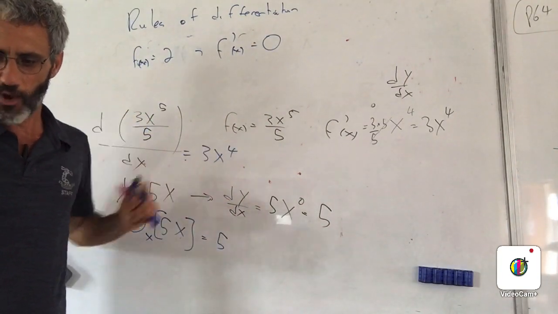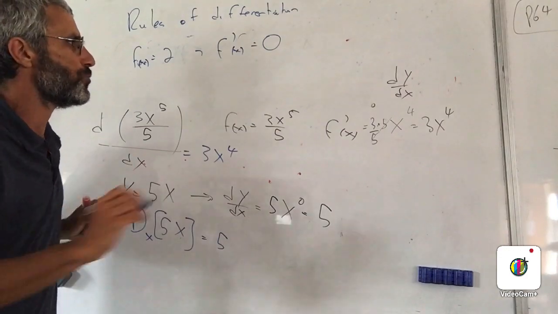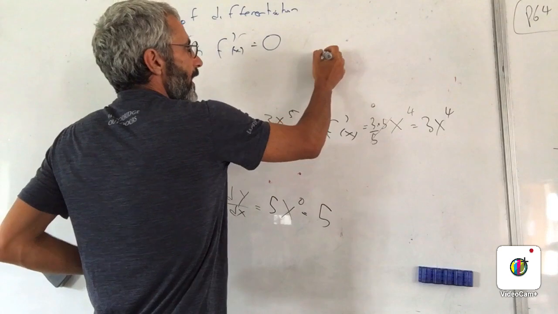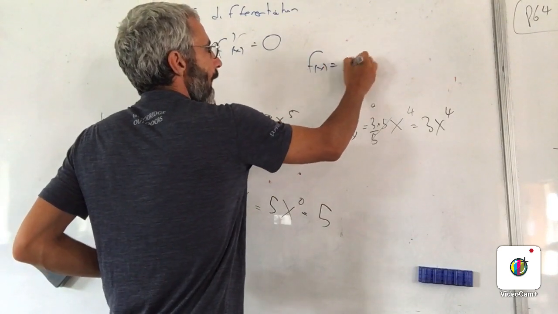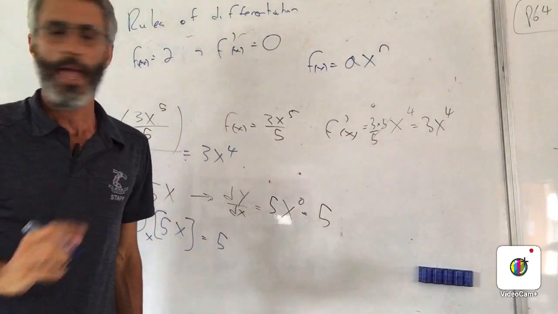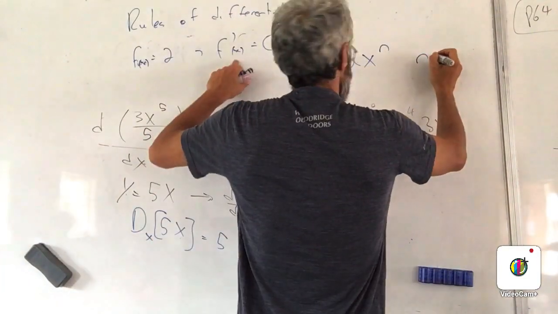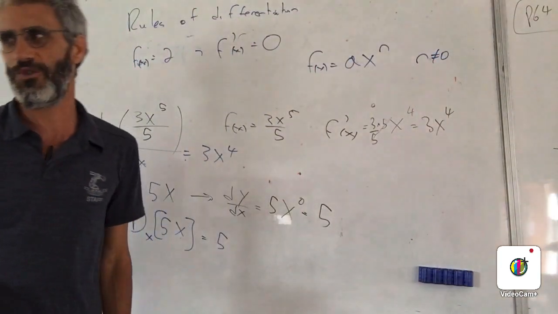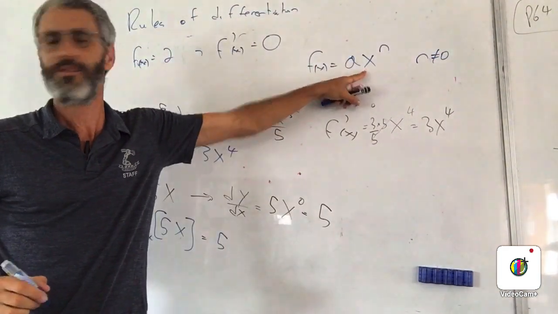One more thing before I get you to actually do some work on your own. I want to write down a rule here. If I've got f of x equal a times x to the power of n, and n, this is my exception, n is not equal to 0. In other words, I must have an x there.